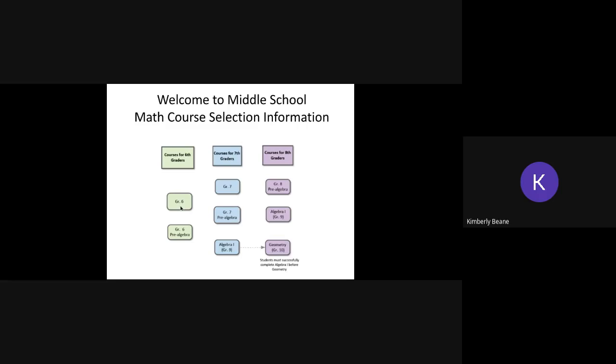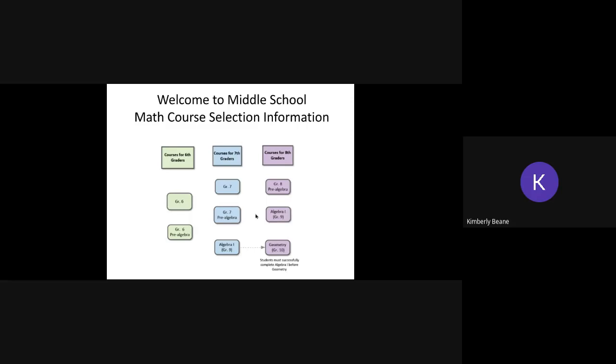Now, looking at this, a student could go from grade 6 math up to the top line there to grade 7 math and then to grade 8 pre-algebra. That's one path a student could go. Another path would be from grade 6 math to grade 7 pre-algebra to algebra 1.